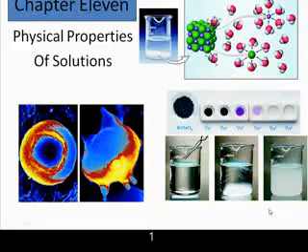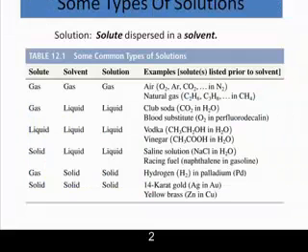Try this again. This is our additional discussion on the calculations involved in Chapter 11. Just a couple of key terms. A solution is composed of a solute, the thing that was dissolved, and a solvent, the thing that's doing the dissolving.